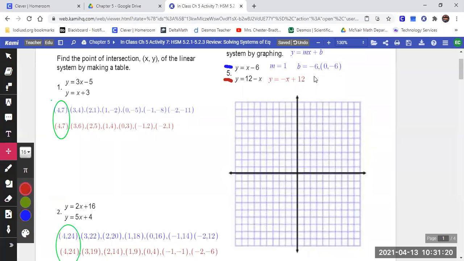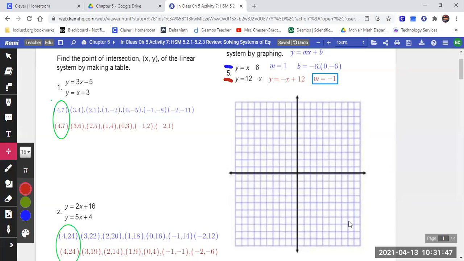What is the m for the second equation? Think about it carefully. What is the m for the second equation? Almost. What's in front of the x? Yes, negative 1.